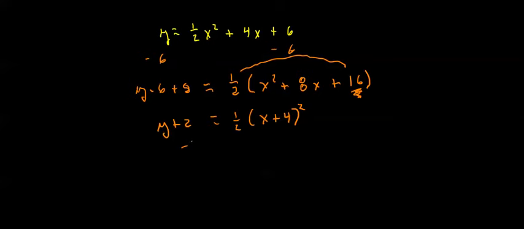And then I subtract my 2, and I'm almost done. y is equal to 1/2 times the quantity x plus 4 squared minus 2. And again, I can now graph this.